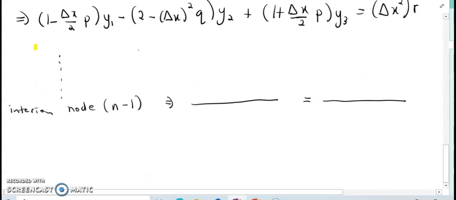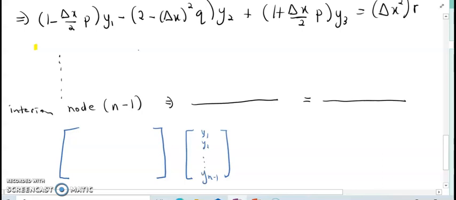From this set of linear equations, you can transform these equations into matrix form, and you will get something like this. One matrix is for the coefficients of each variable y1, y2, and y3. The second matrix is y1, y2 up until yn minus 1. And this is the constant value of each equation.